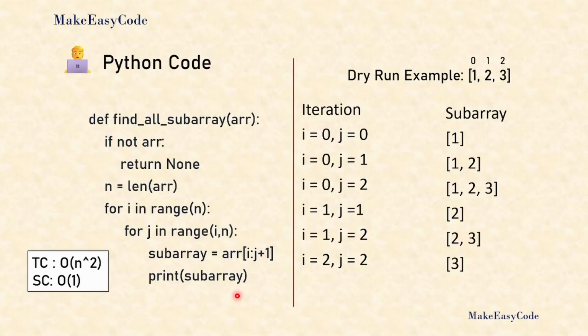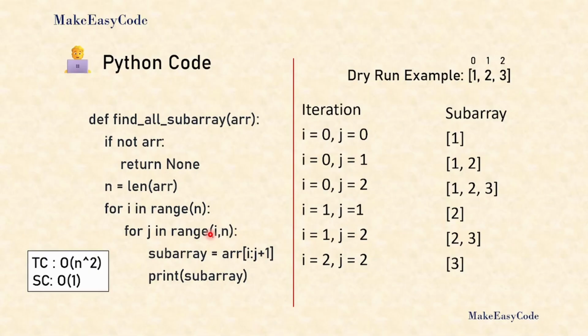Okay, and for this code, I have given time complexity as big O of n square. Why? Because the outer loop runs n times, starting from 0 to n minus 1, and the inner loop runs approximately n minus i times for each i.